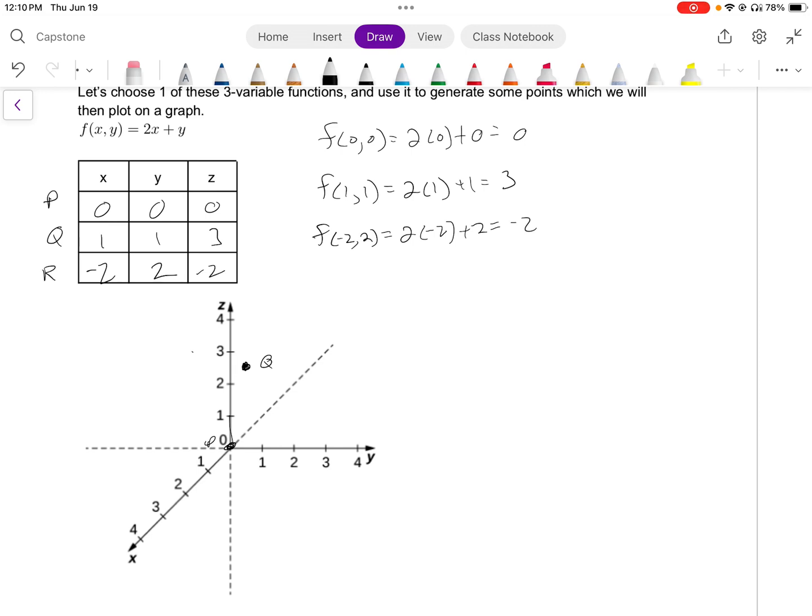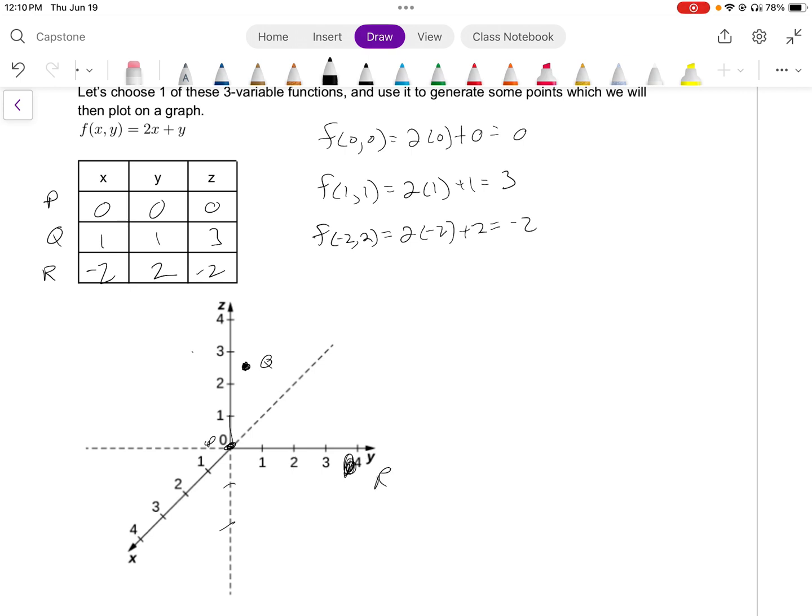Let's call this point R. We've got -2 right here, we've got +2 right here, so we're going to need to go down 2 from this point. Down 2. That's right here. That's going to be point R.